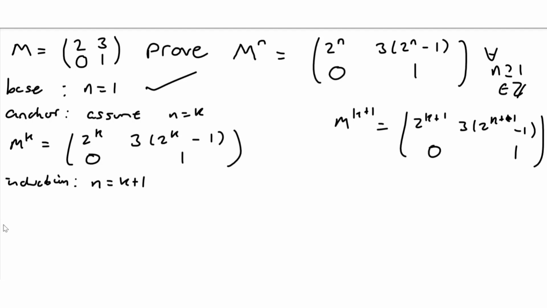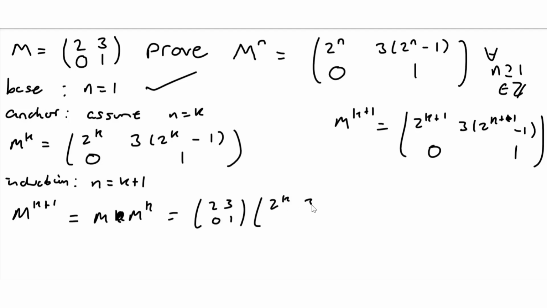So M to the power of k plus 1 is equal to M multiplied by M to the power of k, which by assumption is M, so 2, 3, 0, 1, multiplied by 2 to the k, 3 times 2 to the k minus 1, 0, 1, and then multiplying this through.